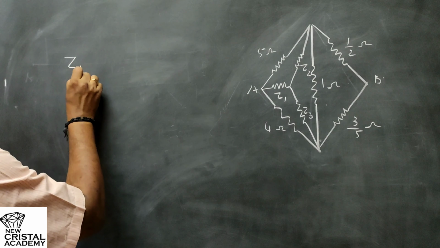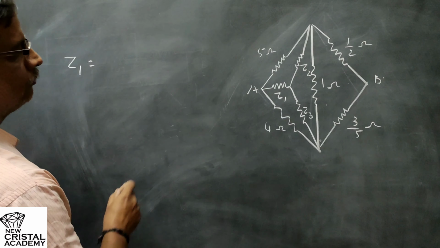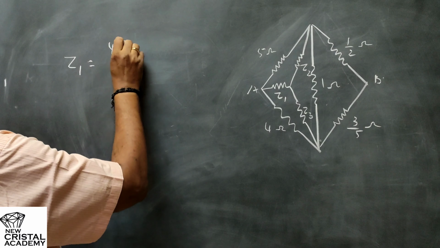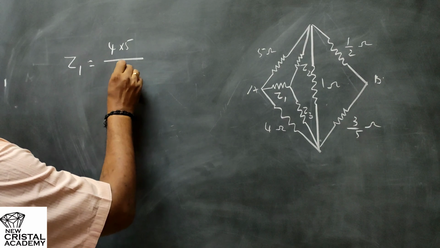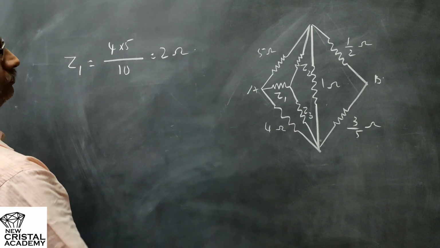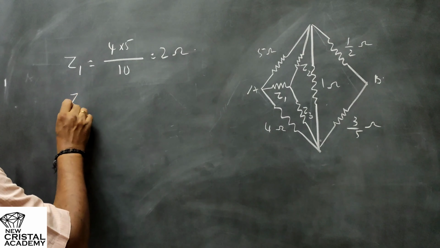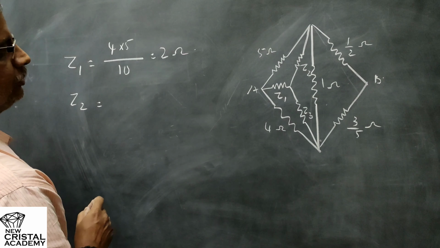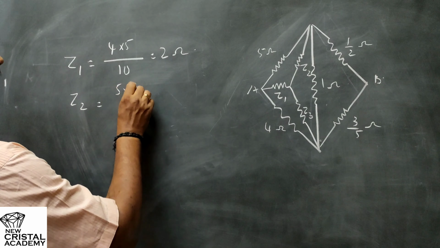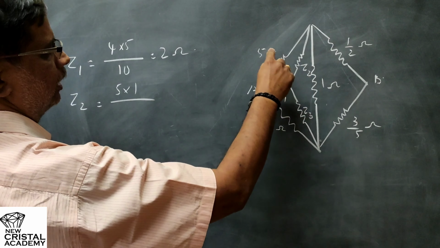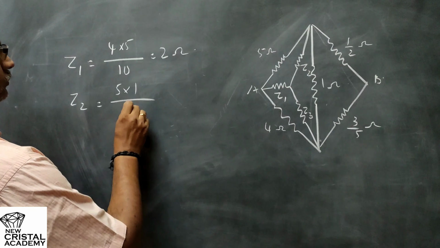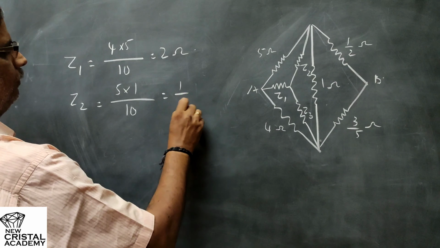So now we write Z1 equal to 4 into 5 divided by 4 plus 5 plus 1, which is 10. So this is 2 ohm. Now next is Z2. Z2 equal to 5 into 1 divided by 5 plus 1 plus 4, which is 10. So that is equal to 1 by 2 ohm.